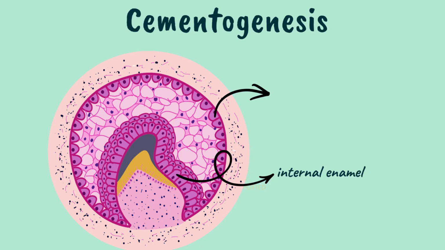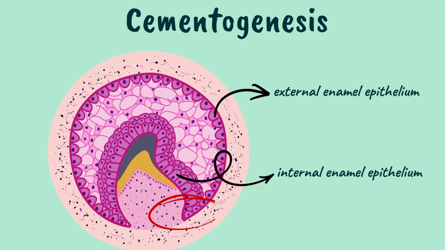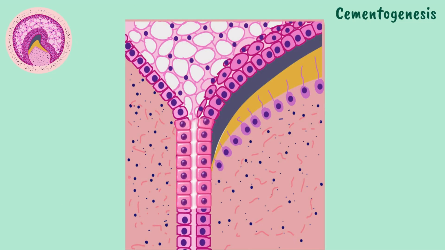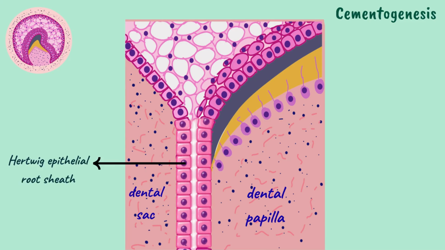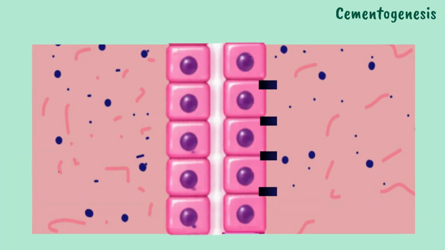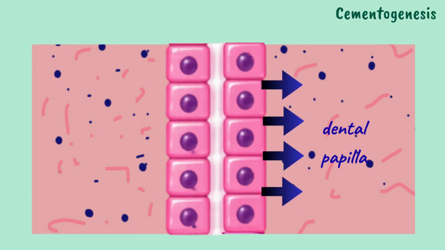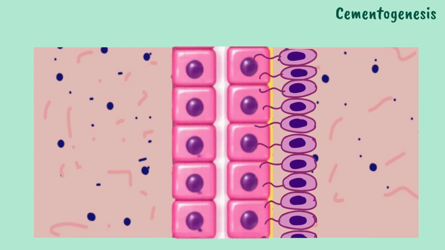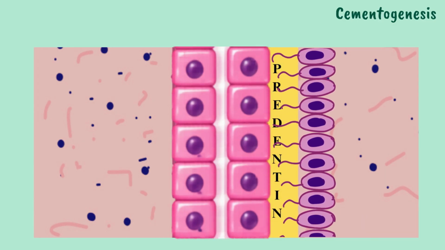The internal and external enamel epithelium proliferate downward as a double-layered sheath of flat epithelial cells called Hertwig's epithelial root sheath. This sheath induces the dental papilla cells to differentiate into odontoblasts. These odontoblasts form the first layer of root predentin.